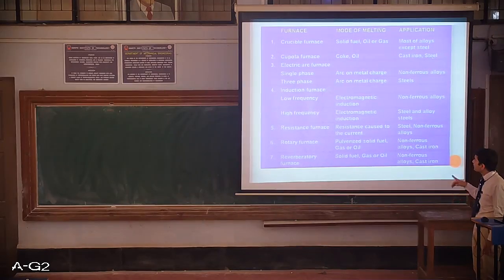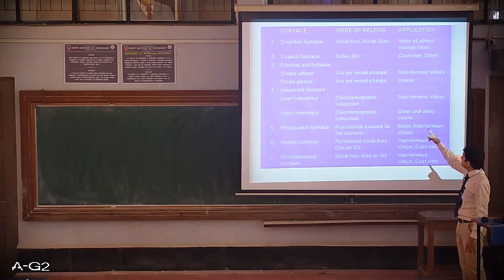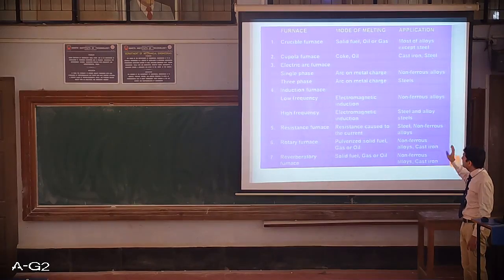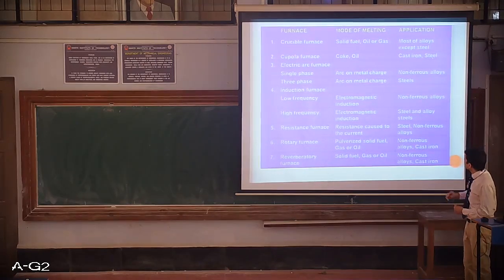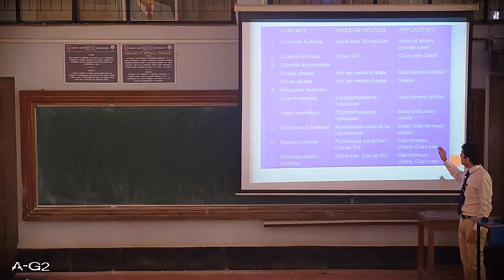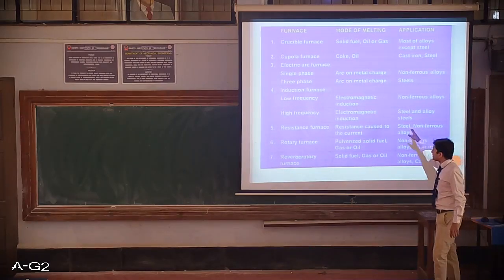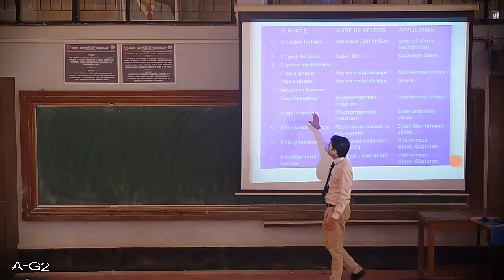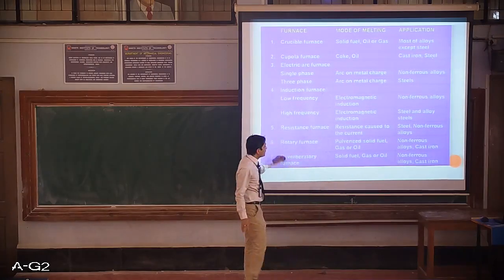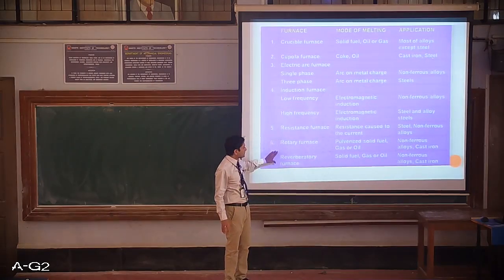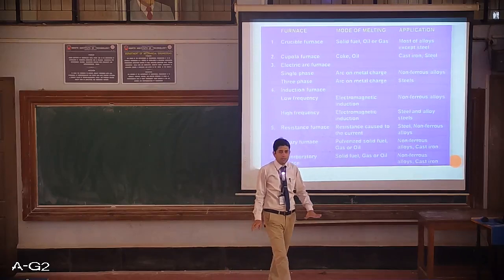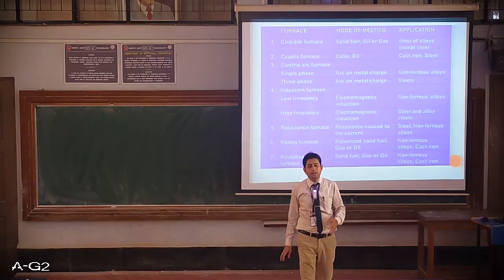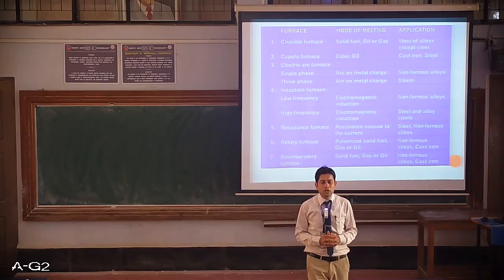Then electric arc furnace for non-ferrous metals and even steels. Induction furnaces for non-ferrous alloys. Then for ferrous metals, there are again two types of induction furnace, low frequency and high frequency. Then there are resistance furnace, rotary furnace and reverberatory furnace. This is just a table which will help you to select the different types of furnaces for your requirement.